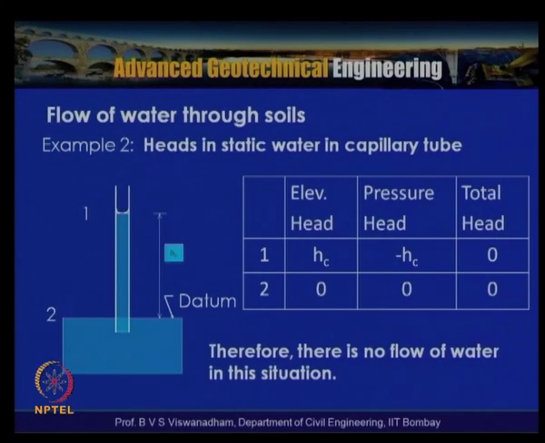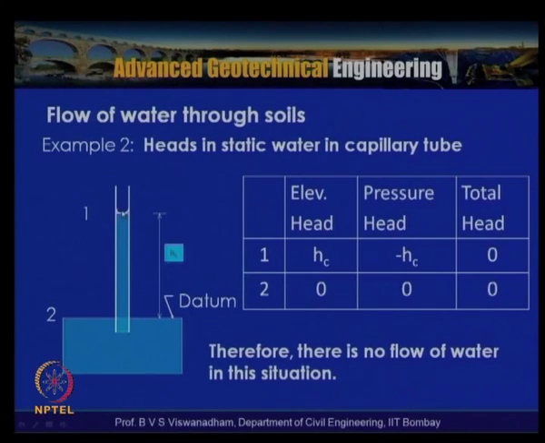If the groundwater table or water level is considered as a datum, at point 2, and HC is the height of the rise of water because of the capillarity phenomenon.